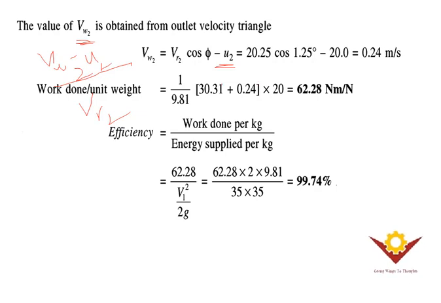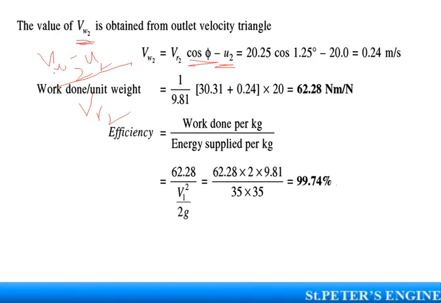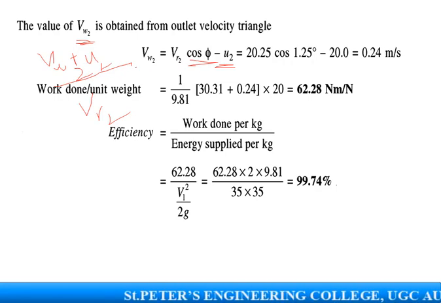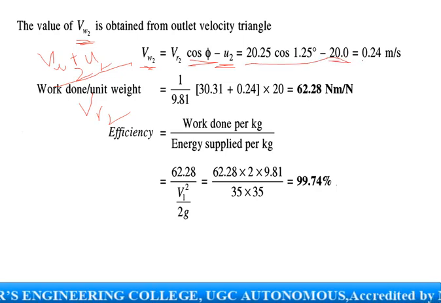Now what you got is this cos pi. If you simplify this by sending VR2 to this side and sending the positive U2 to this side, what you're going to get is VW2. And if you substitute all the values here, you're going to get the VW2.